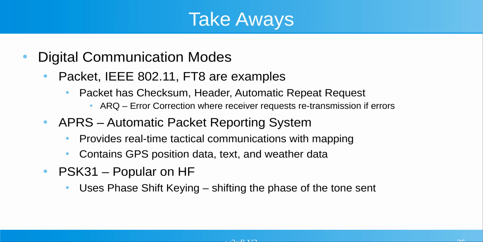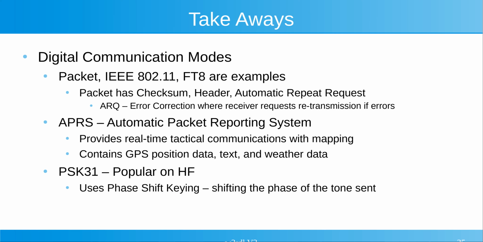APRS is basically providing real-time tactical communications with mapping, so you can actually follow the system when it moves. It can have GPS and usually has GPS, and may have data or text and weather.